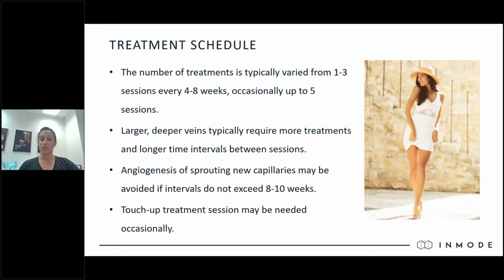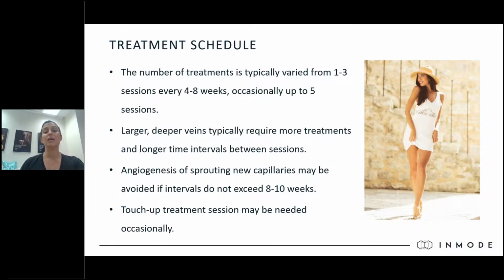So what is the treatment schedule? First of all, we have to make sure that our patients understand that they're coming in for a series of treatments. It's not a single treatment that they come in for once and that's it for life. We're going to see them every 3 weeks, and then later on there will be some maintenance treatment, because angiogenesis is something that continuously happens in our body.